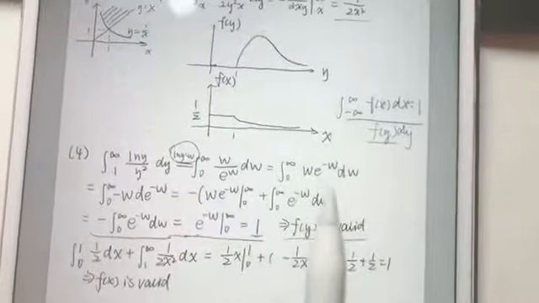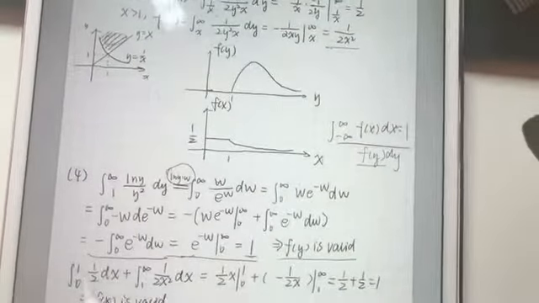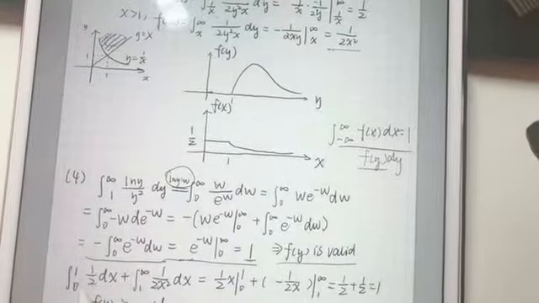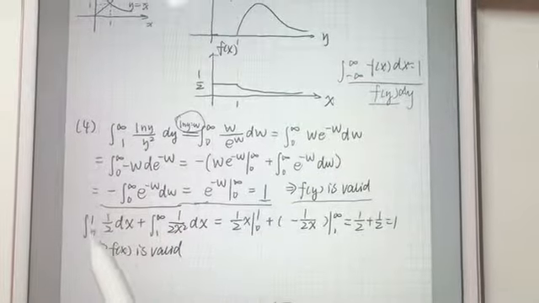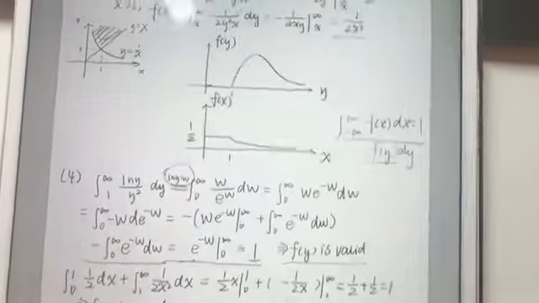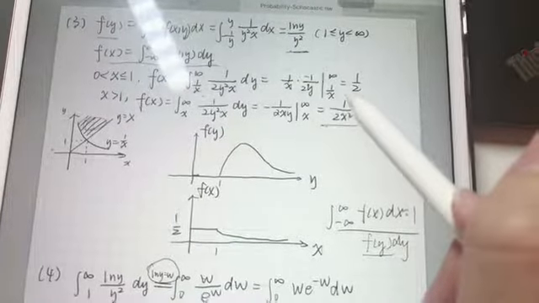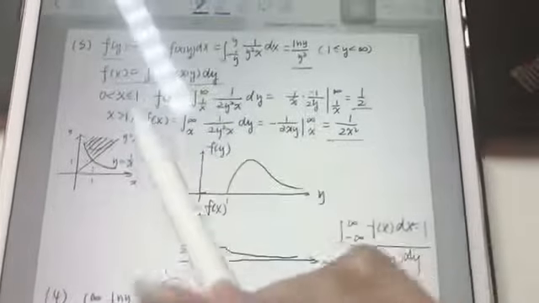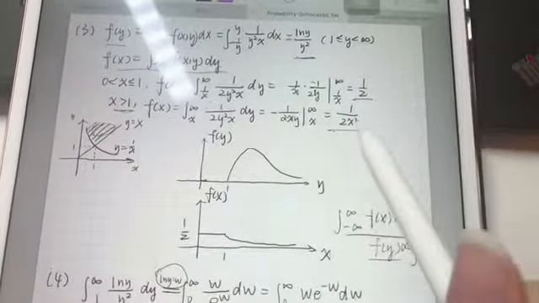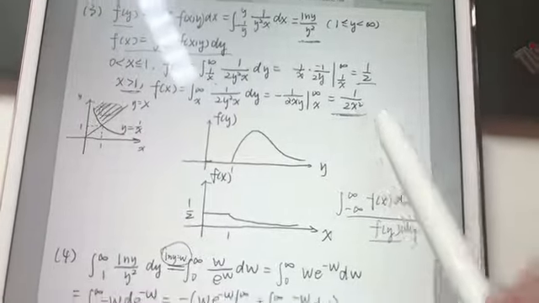The question asks us to make the non-zero area this area, so we can get the expression: the integral from 0 to 1 where f_X equals 1 divided by 2, plus, when x is larger than 1, the expression 1 divided by 2x squared.